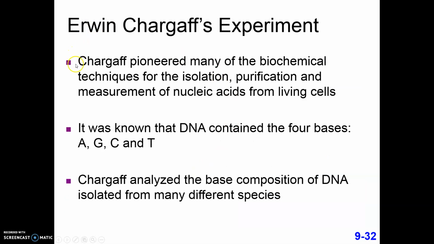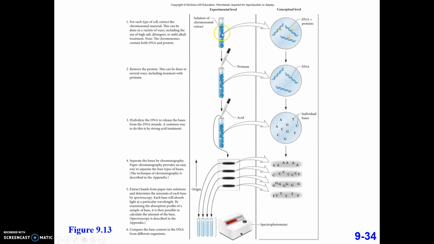All right. Another key experiment that is necessary is the work of Erwin Chargaff. And what he essentially did is start taking DNA from different sources. And what he would do is essentially take that DNA from a particular source. He would get rid of all the proteins in that mixture by adding something called protease, which is an enzyme that cleaves proteins.